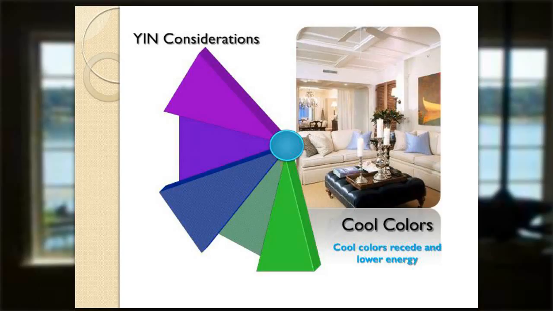Now the ratio we're looking for in any yin and yang environment is more 60-40 yin to yang or 70-30 yin to yang. You never want to go to the extreme. Again, let's think about a yin room that is 90% yin, 10% yang. That room would come off as somewhat depressing.